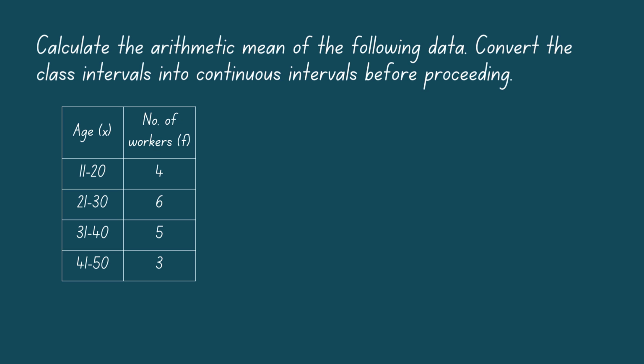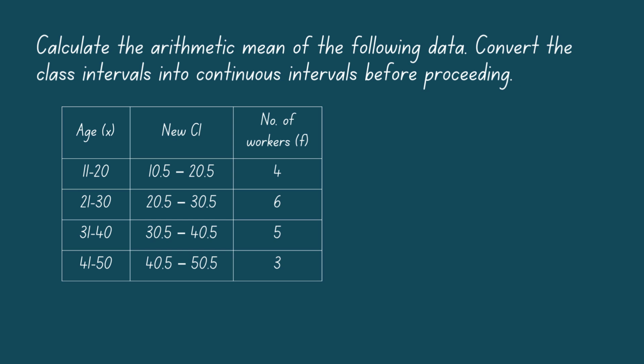So we are going to split this gap equally and half goes to the upper boundary of the first class and half goes to the lower boundary of the second class. This means we are going to subtract 0.5 from each lower limit and add 0.5 to each upper limit.